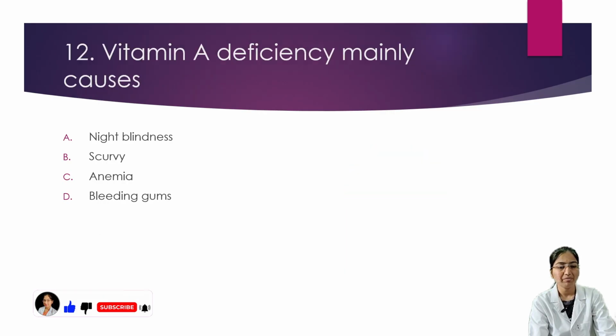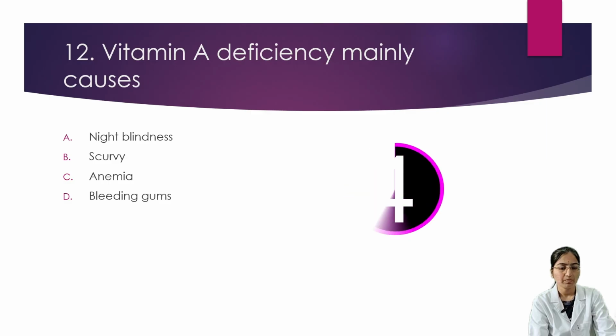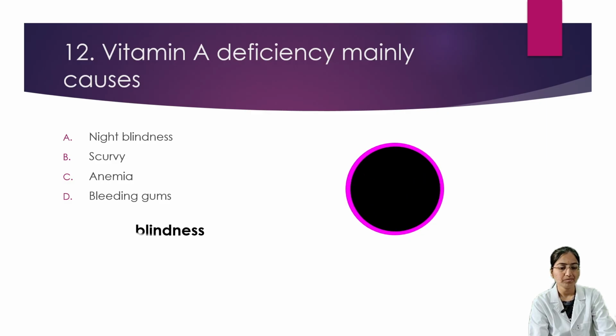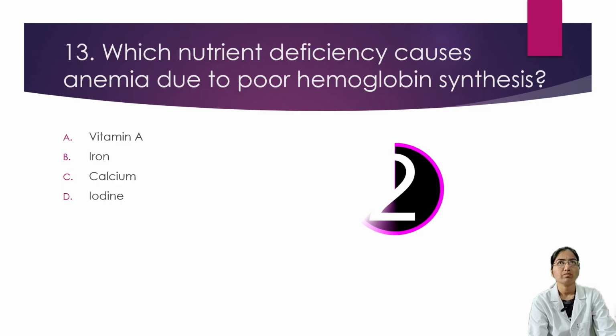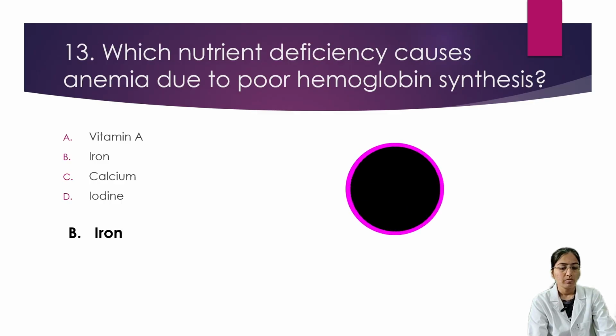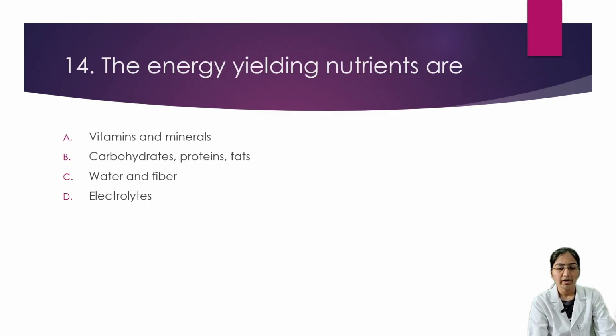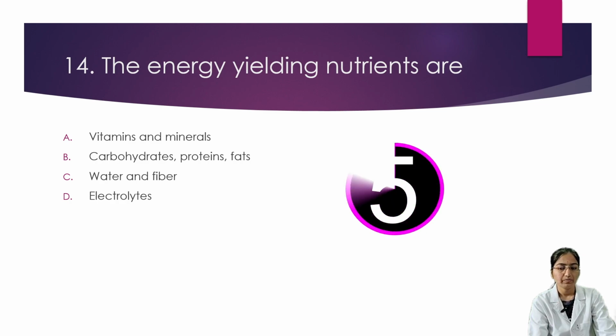Vitamin A deficiency mainly causes? Option A, night blindness. Which nutrient deficiency causes anemia due to poor hemoglobin synthesis? Iron.